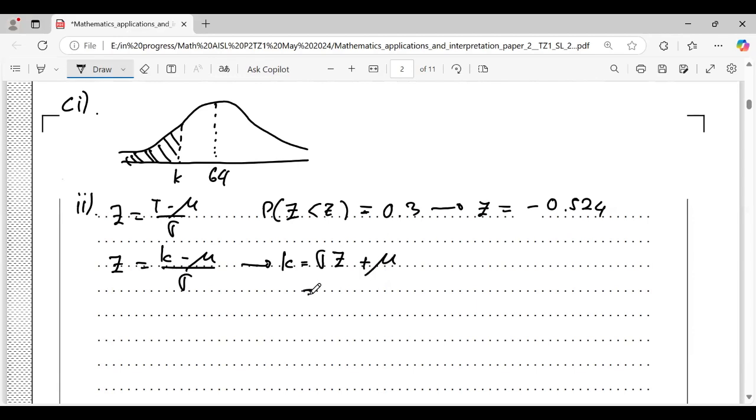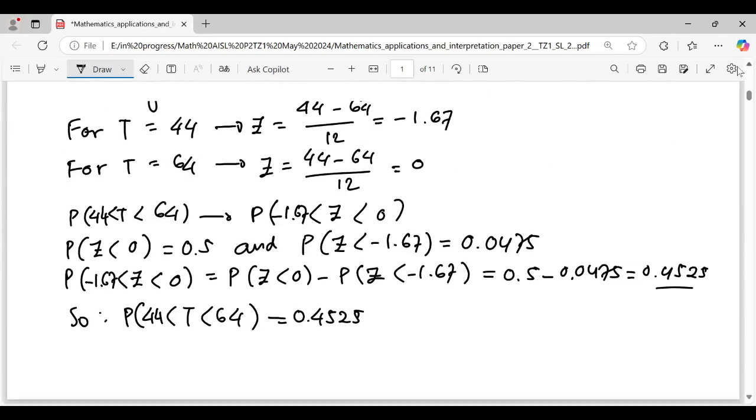Then it becomes 12 times minus 0.524 plus 64, and it equals 57.712. Rounded off, it becomes 57.7 hours, the unit. Okay, 57.7 hours. That is k.